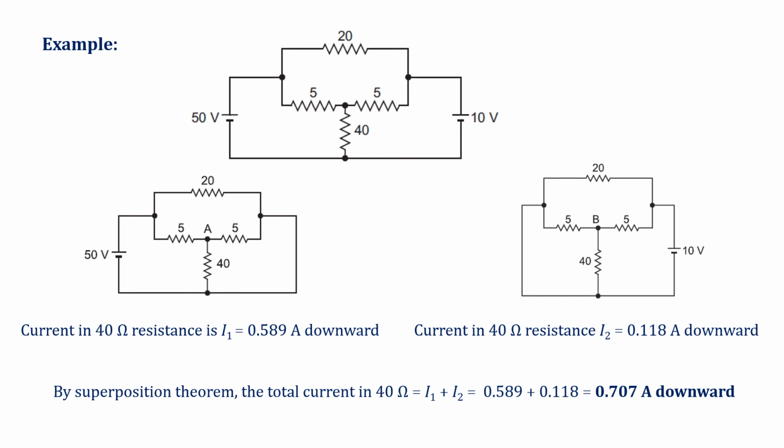So the total current through the 40 ohms resistance when both the 50 volt and 10 volt sources are there is the sum of these two currents, I1 and I2, that is 0.589 plus 0.118, which is equal to 0.707 amps. So if you want to find the current, you can independently calculate the current through the element for each source and sum them when both sources are acting. That is what the statement says.